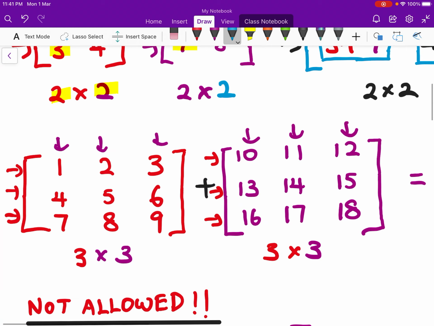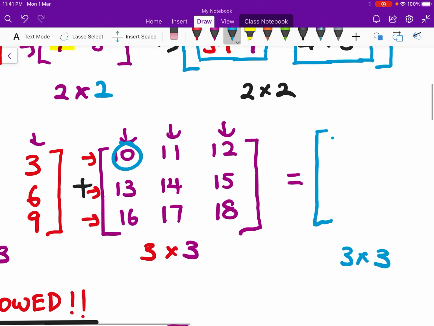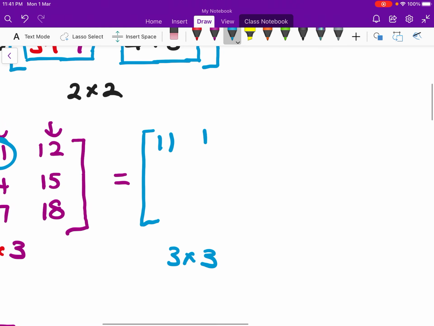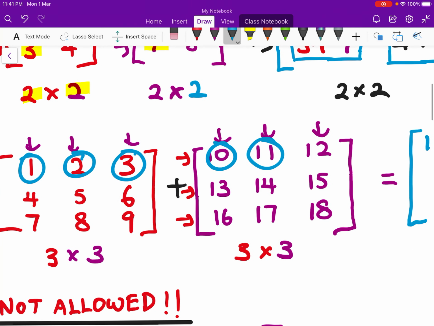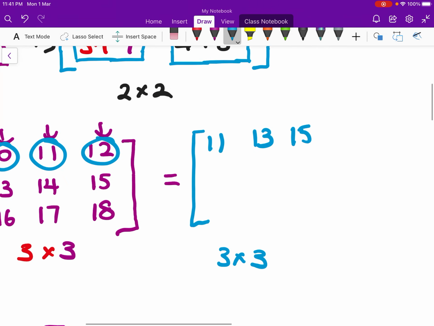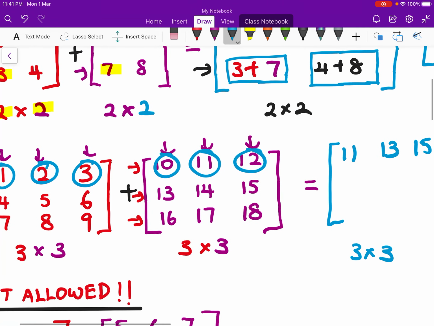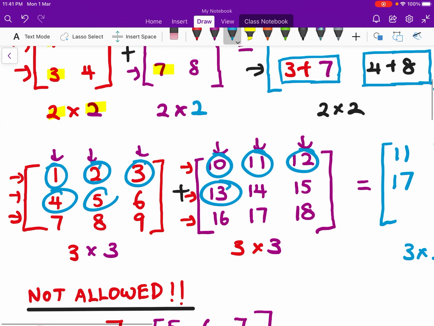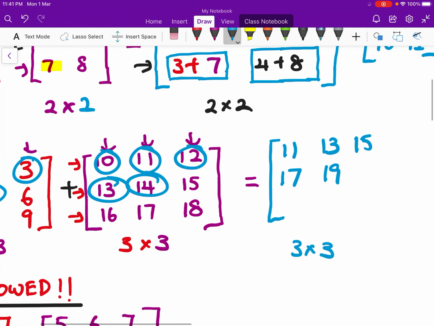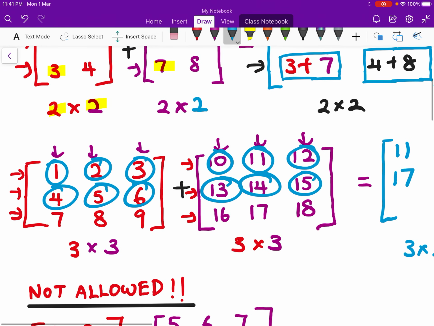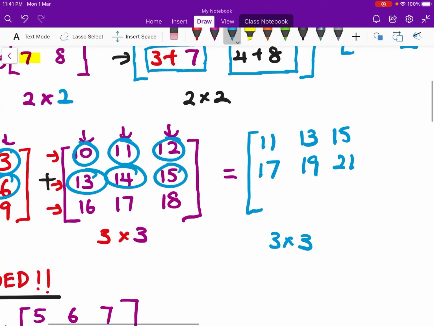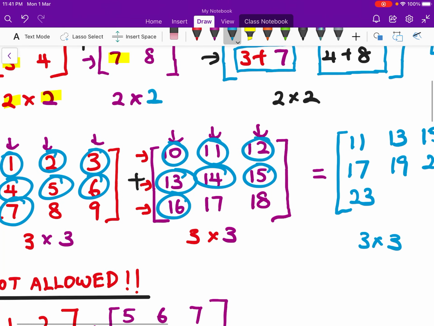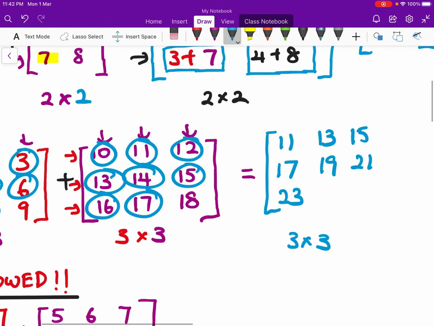So 1 added with 10 is 11. Then 2 added with 11 is 13. 3 added with 12 is 15. 4 added with 13 is 17. 5 added with 14 is 19. 6 added with 15 is 21. 7 added with 16 is 23. 8 added with 17 is 25.